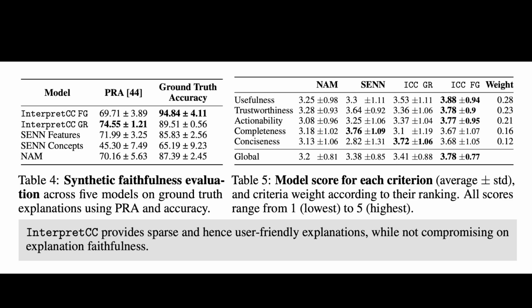One was usefulness: how useful is this explanation to understand the prediction? Trustworthiness: should I trust the model based on this explanation? Actionability: this explanation lets me know how to give feedback to the student. So essentially, this is a direct use case of this kind of work. Completeness: does it have sufficient detail? And conciseness: every detail of this explanation is necessary.